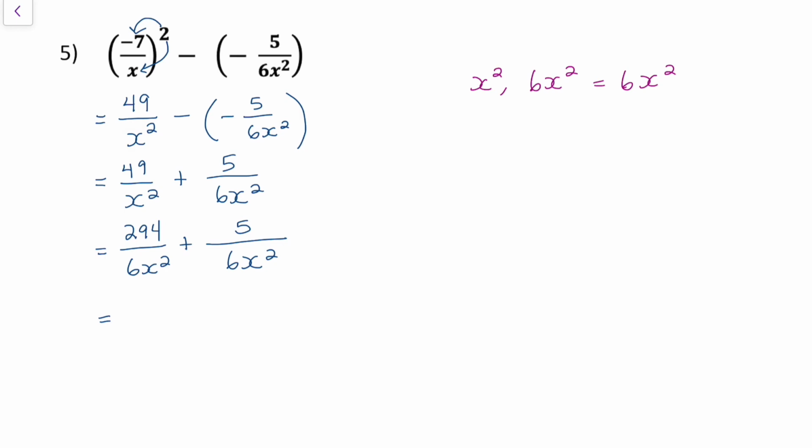And so I end up with 299 over 6x squared. And I want to see if there's any number that goes into 299 and 6. And there isn't, so I'm just going to leave it as 299 over 6x squared.